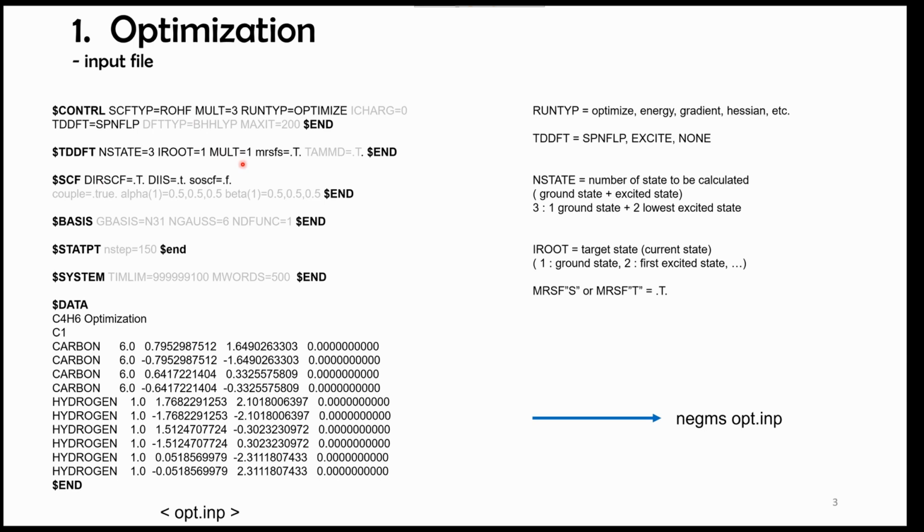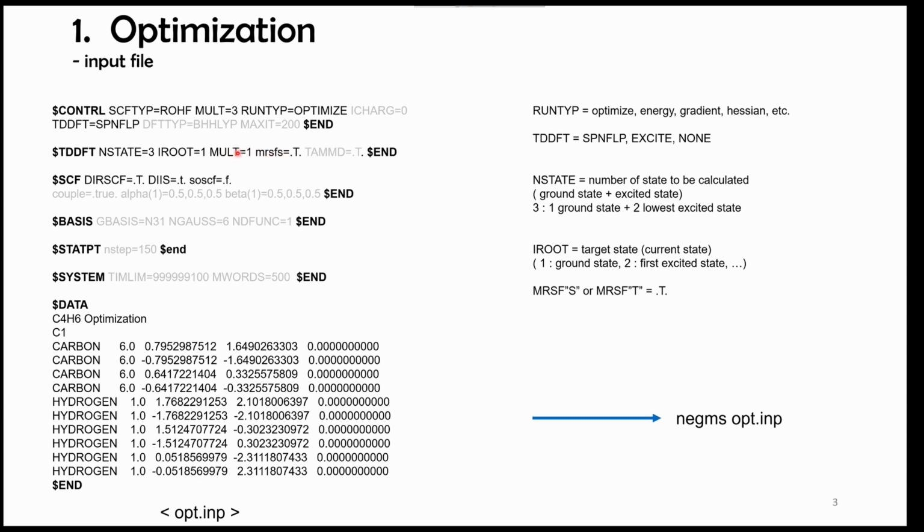So I guess in this case, MRSF S equals true means that you are going to calculate singlet, so the multiplicity is 1, right? Yep. However, what about MRSF T equals true, which is a triplet? Woojin, can you tell me what the multiplicity is for that triplet case?